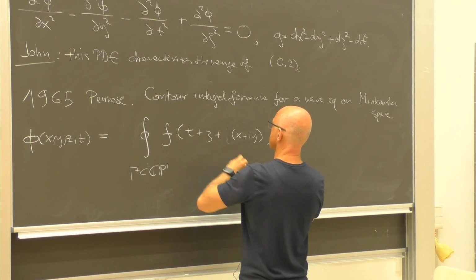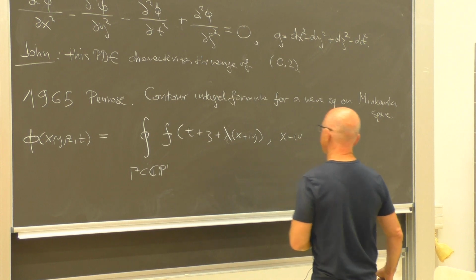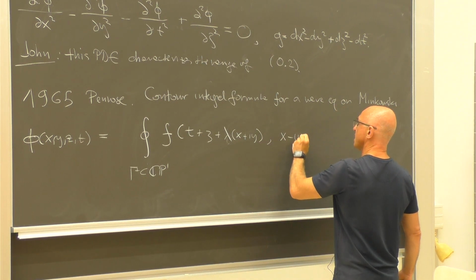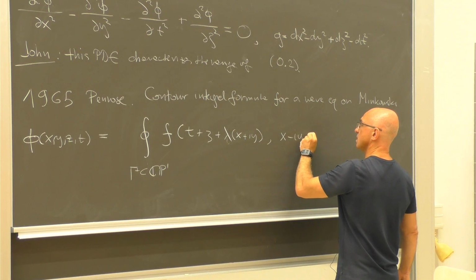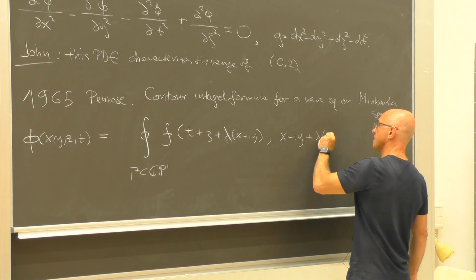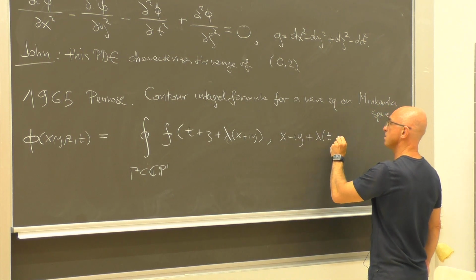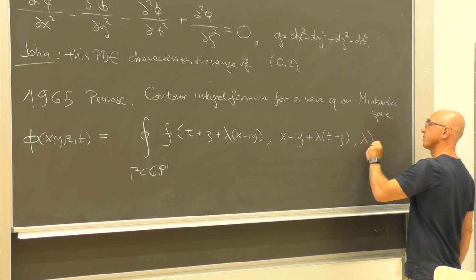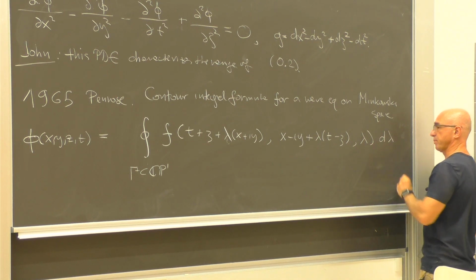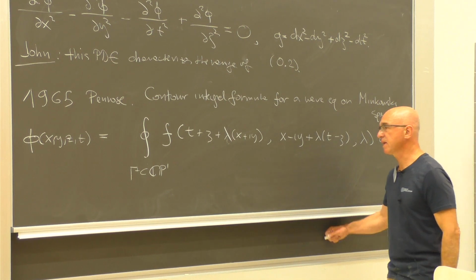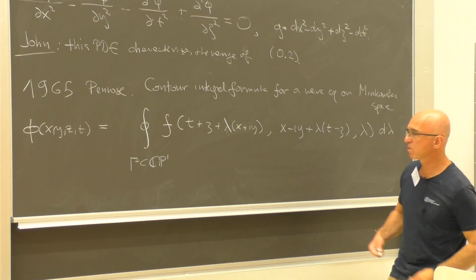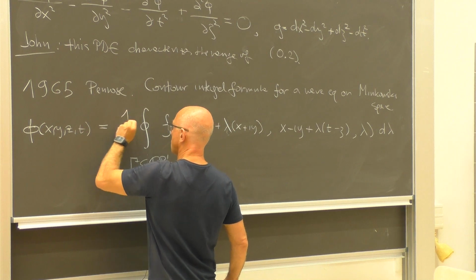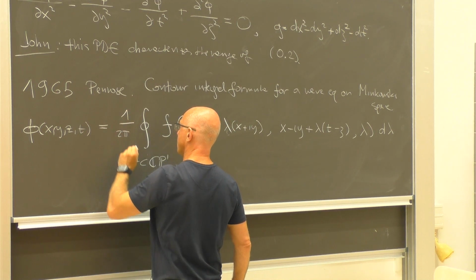Not i, this will be some lambda, and then x minus iy plus lambda t minus zeta, and then lambda d lambda. Okay, so I'm taking an arbitrary function, although we might even divide it by 1 over 2 pi i.